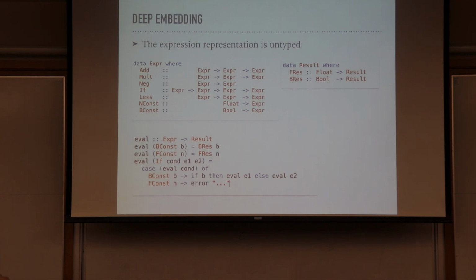If I want to match on the pattern of an intermediate value, I use the case expression. So I call eval on the condition, and then I have to treat both cases separately. If it's a Boolean constant, then depending on whether it's true or false, I pick the right or the left branch and continue evaluating, and otherwise I have a runtime error.